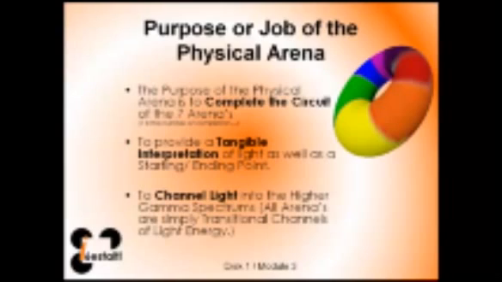Light energy is being produced in the physical arena. Some of it comes from the sun, and actually all of our light here in our physical arena comes from the sun, short of stars, which really don't impact us that much.